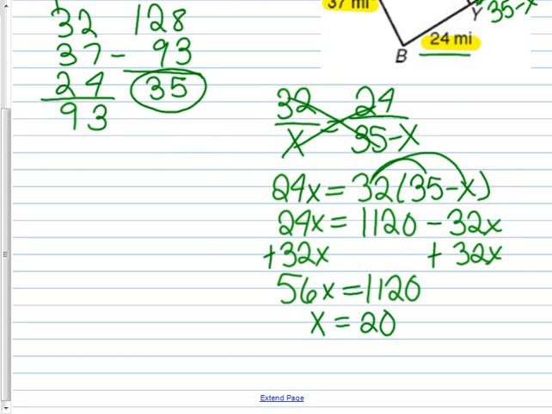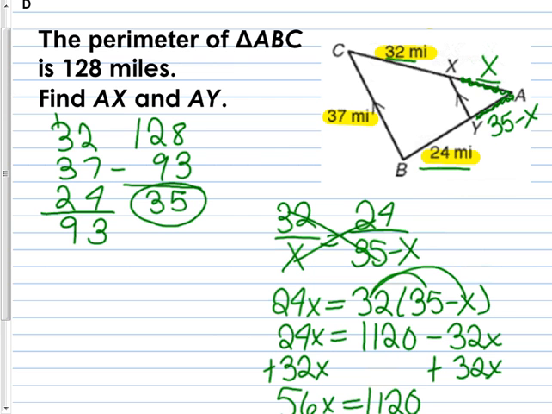So let's go back up to our picture and figure out which one we labeled as x. We labeled AX as x. See right here? We labeled AX with variable x. So AX is 20. So AY then is 35 minus 20. AY is now 15.